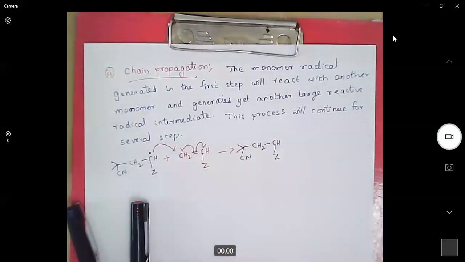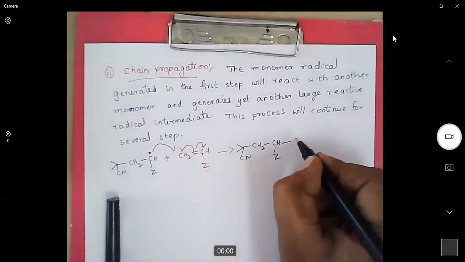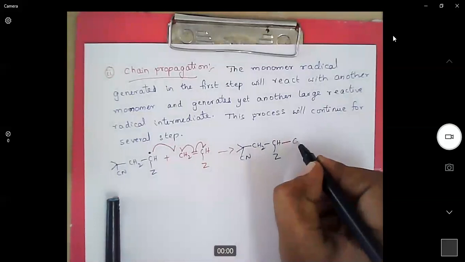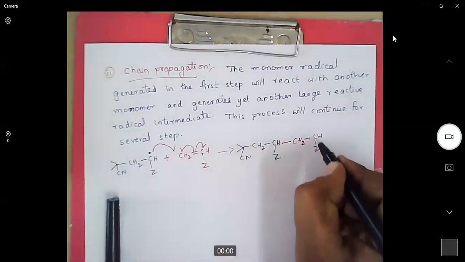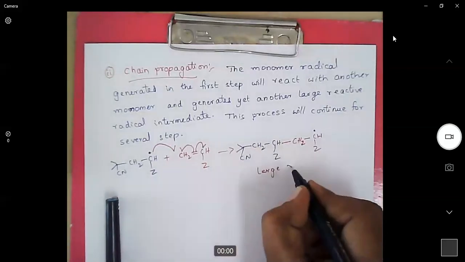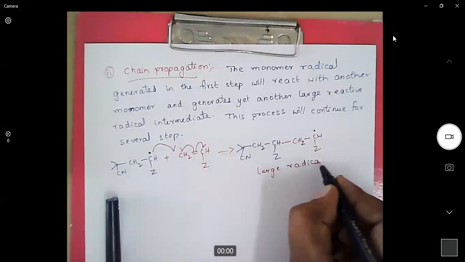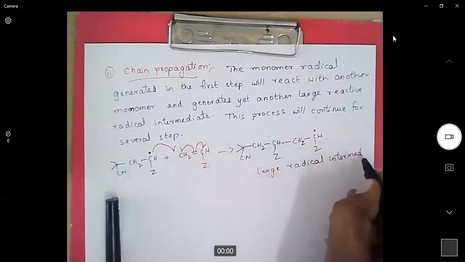So this is the first monomer. Then now we are adding another monomer to this. So this is another large radical intermediate. Now this process will continue.